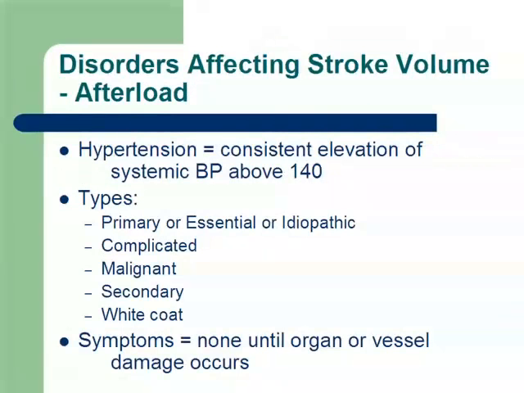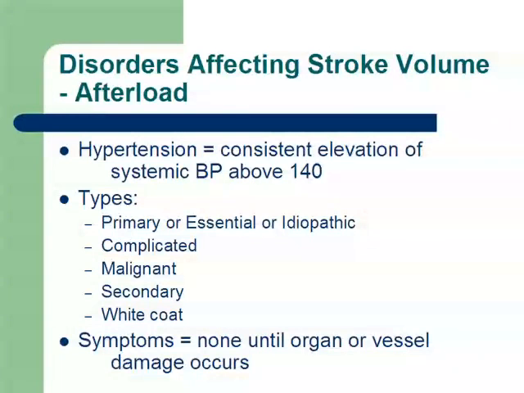Disorders that affect stroke volume. One is disorders that affect afterload. Please remember that the ability of the heart to pump blood out and the amount of blood that is pumped out is called your cardiac output. Your cardiac output is measured by taking your heart rate times your stroke volume.